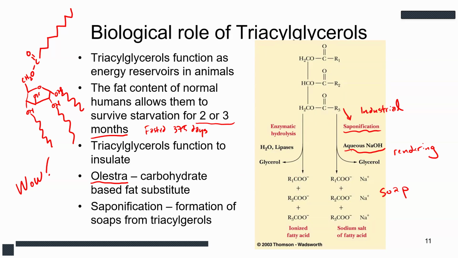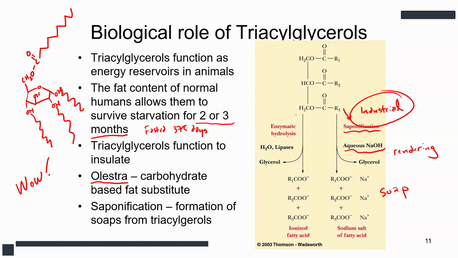Now, that soap is sodium salts of fatty acids. So a bar of Dove soap is really just a bunch of fats. I mentioned Fight Club because in that movie and book, they took different fat sources and rendered them to make soap. That's an industrial process. So, for the soaps that you use, that's the process involved.